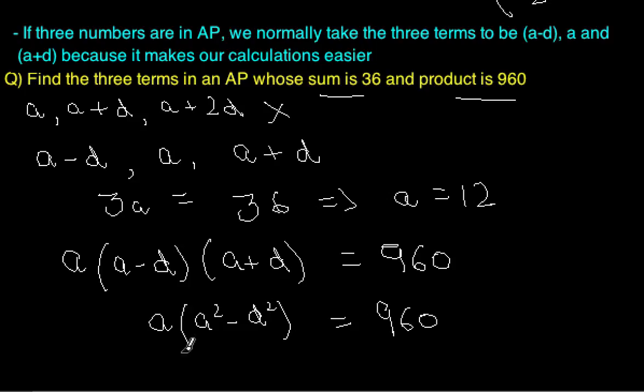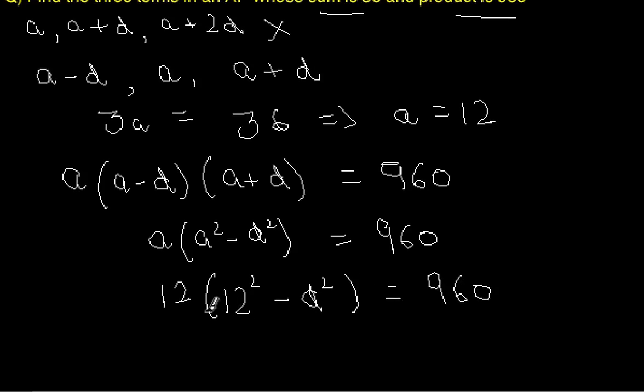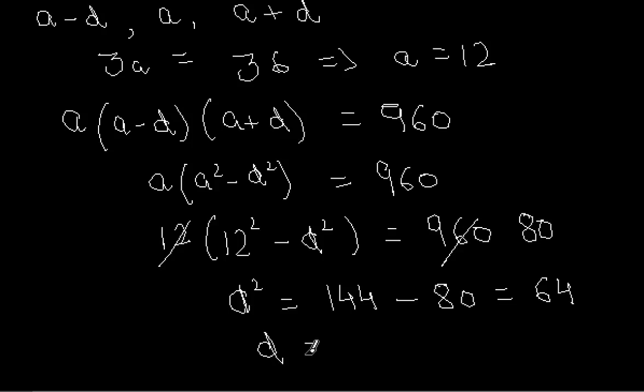Now simply inserting A as 12, we get 12 into (12 square minus D square) is equal to 960. This cancels out by 80 and therefore we get D square as 144, which is 12 square, minus 80, equal to 64. Therefore D could be plus or minus 8.